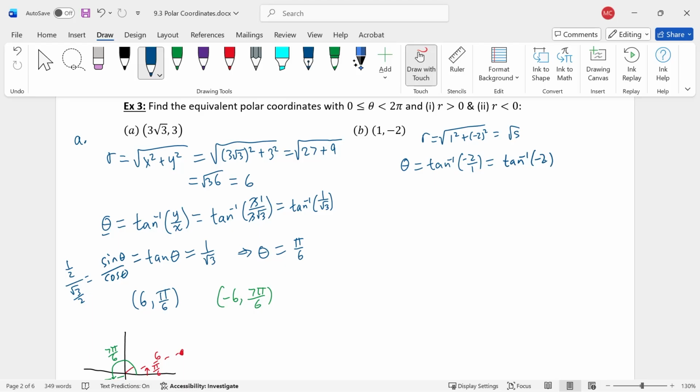So make sure that you're in radians, because we always default to radians when we're working with calculus. So make sure your calculator's in radians. And we get approximately, for tangent inverse of negative 2, negative 1.11 in radians. So that kind of helps us draw this point on our graph a little bit.